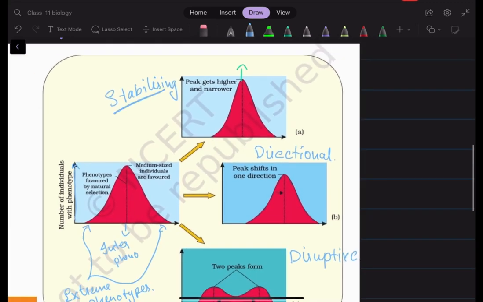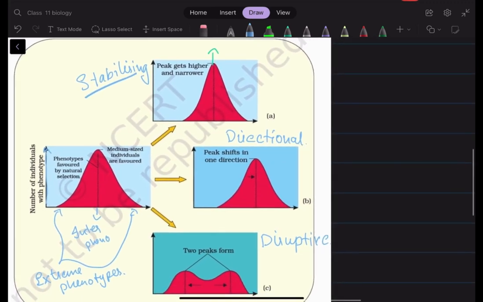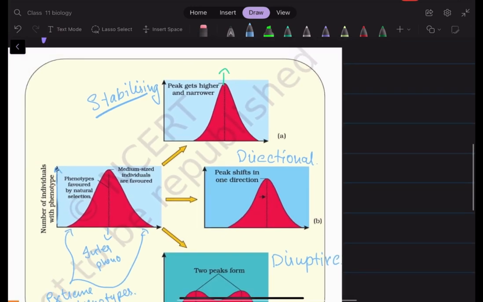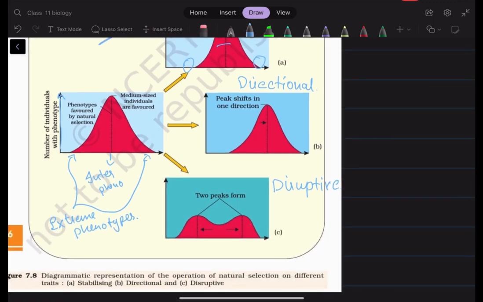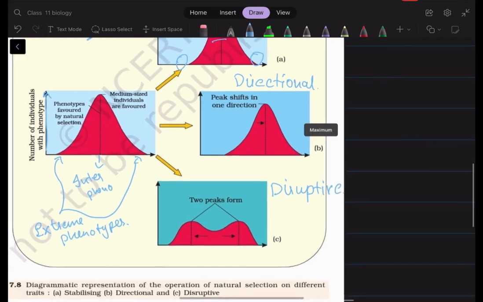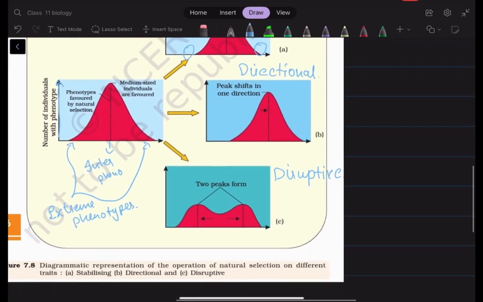So in the case of the stabilizing graph, here the intermediate phenotype is favored. So the individuals having the intermediate phenotype will get more in number, whereas the ones having the extreme phenotypes will be declining. So the next one is the directional change or the directional graph.